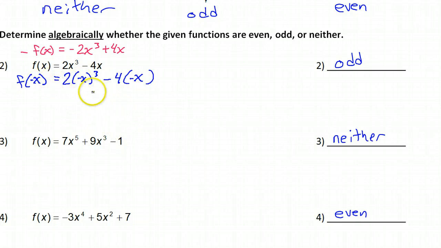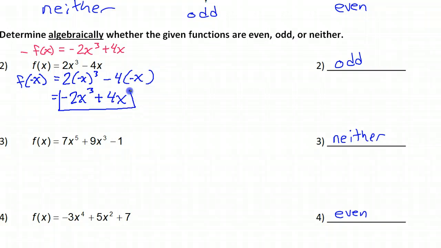And we need to go on and see what we get when we do that. Now, if you raise a negative to an odd power, the negative stays. So I have a positive times a negative is a negative. So I will have negative 2x to the third power. Nothing's happening to this negative. Negative times a negative is a positive. So this will be a positive 4x. Okay, so this is the result I get when I put in negative x.